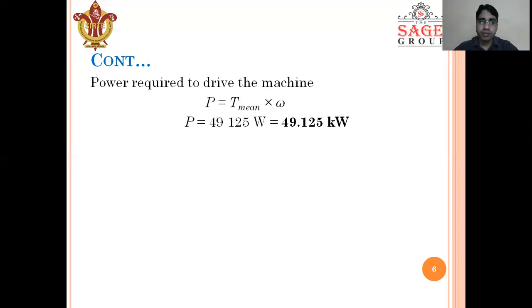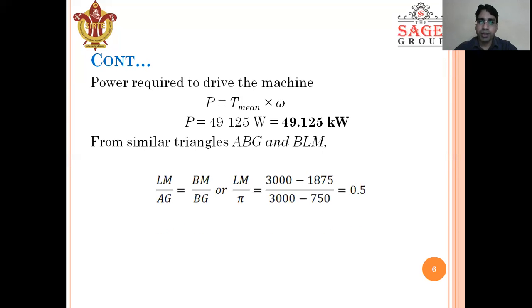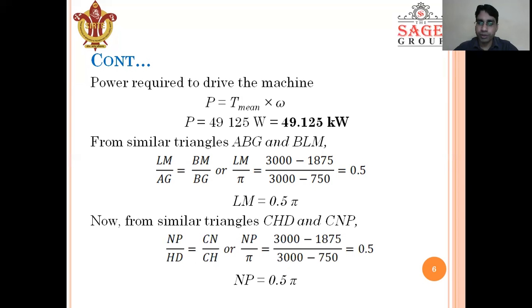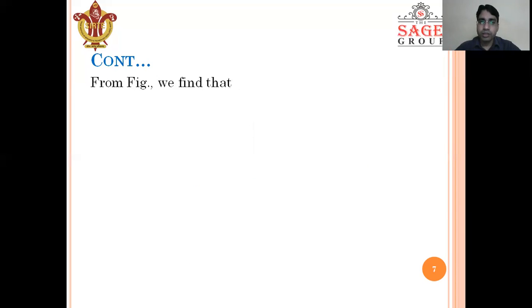From the similar triangles ABG and BLM, as we already discussed with the figure, we get LM equal to 0.5 pi and NP equal to 0.5 pi. These two values are required for calculating the areas of the triangles above the mean resisting torque line. From the figure we also find the values of BM and CN.